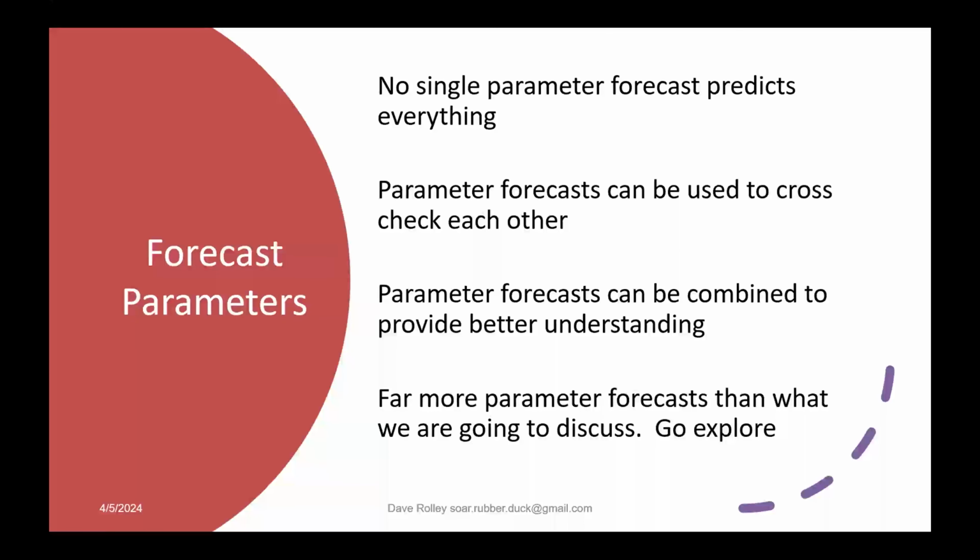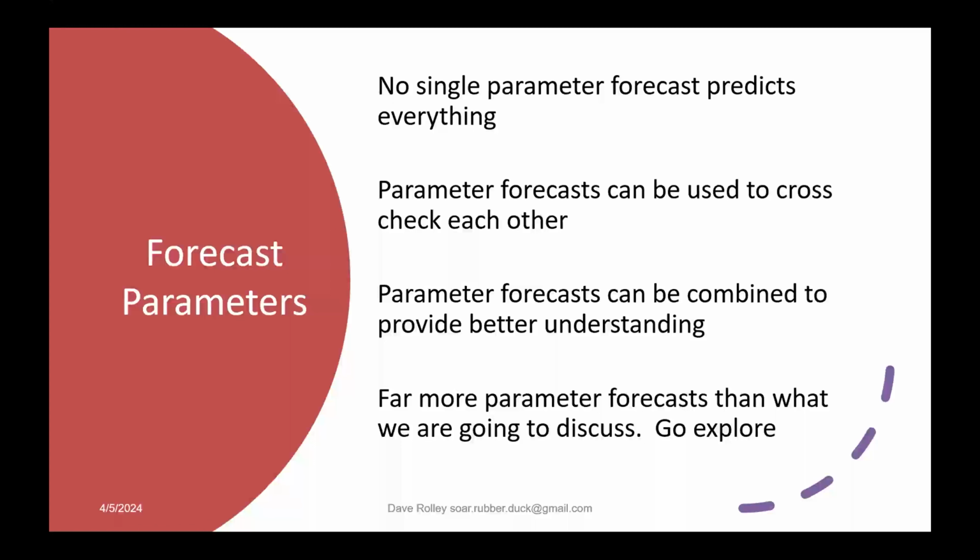When we are looking at forecast parameters, no single parameter that is output from the soaring model system predicts everything. The parameter forecasts can be used to cross-check each other. So for instance, you could use the cloud cover along with sunlight hitting the earth to cross-check whether the model is saying, oh, there's clouds and that's going to cut down the amount of sunlight that reaches the ground.